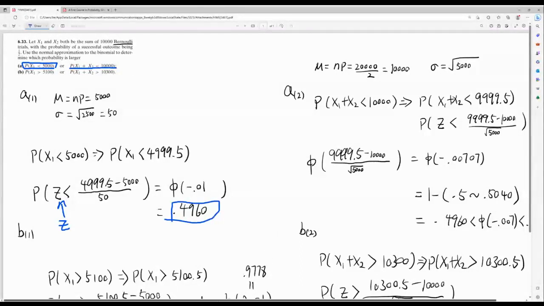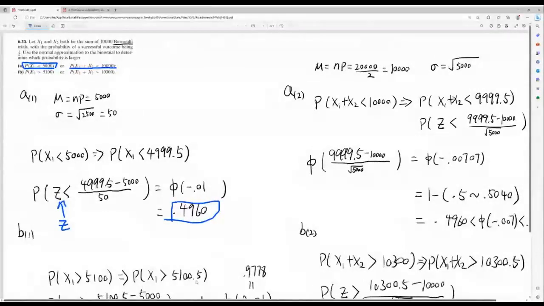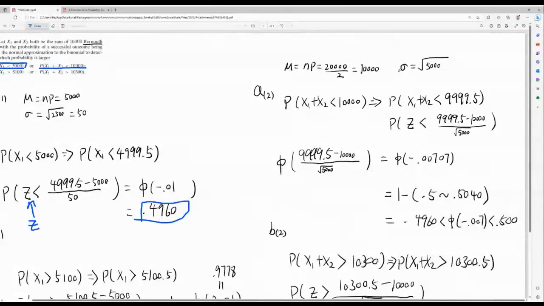For the right-hand side, since the probability of success is 1/2, the complement is also 1/2. So the mu and the sigma of x1 and x2 will be the same, so the average will also be the same. We use continuity correction, and then we calculate it, and we found this.